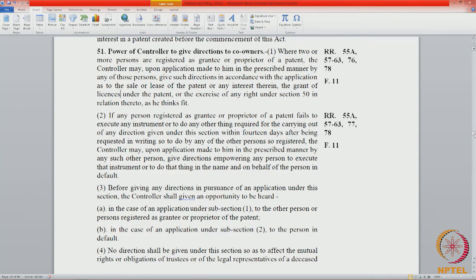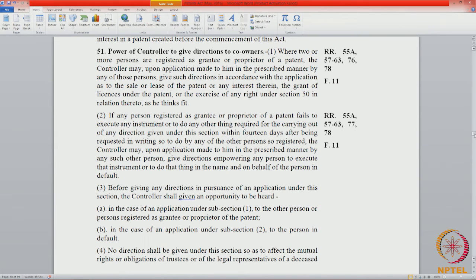As we saw in the earlier example of the three co-owners A, B and C, A has approached the controller for a direction to grant a license under the patent, and B and C are not cooperating. Now, once the direction is issued, A can send the instrument, the license deed, to B and C, asking them to execute it and giving them 14 days time.